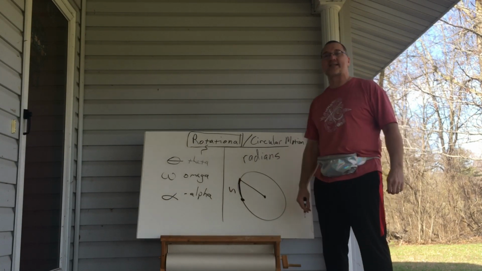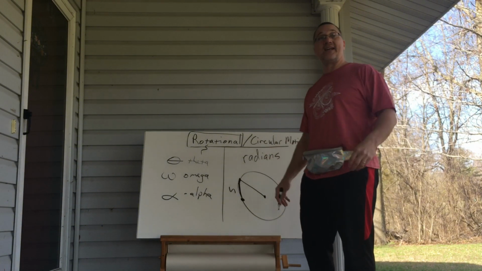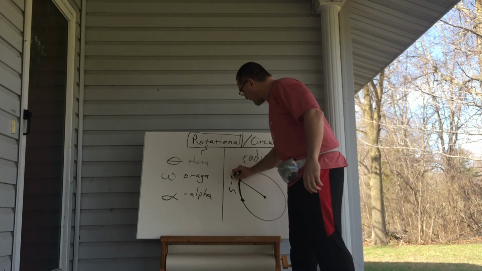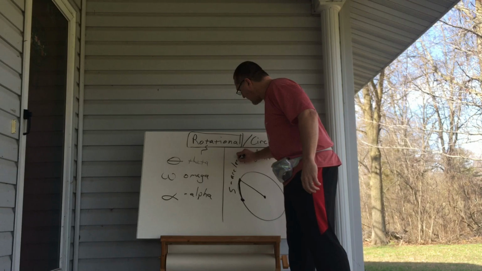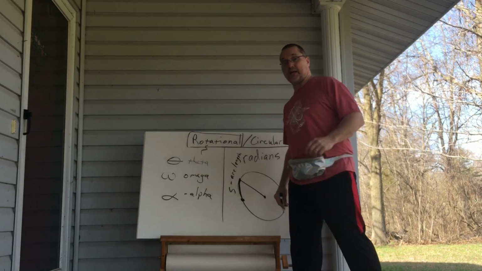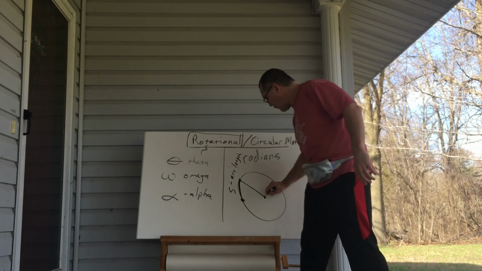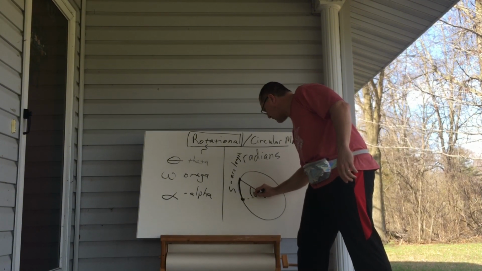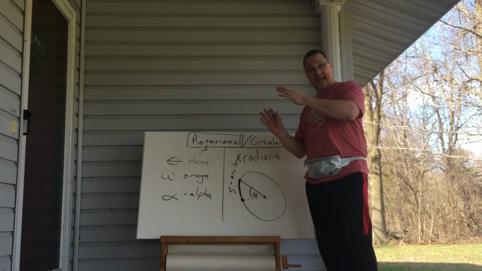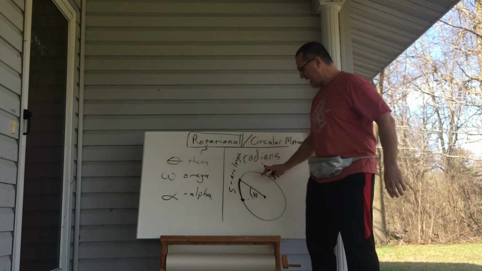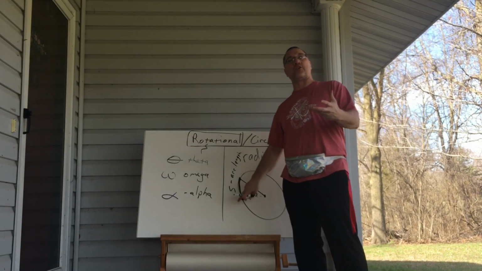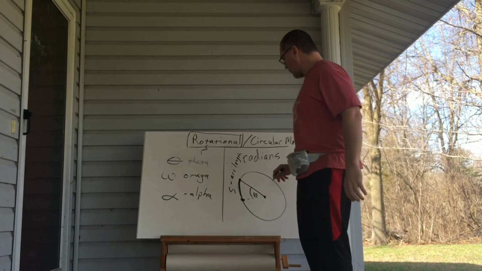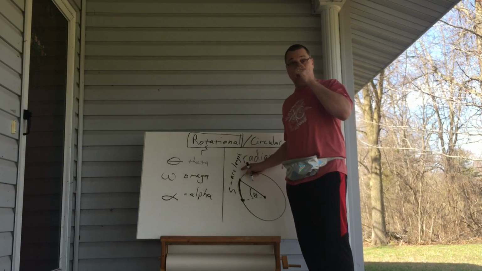We're going to call that distance S. That is the arc length of the circle, or of the object's motion. When it moves to a different position, it changes its angle, which means it travels a certain distance corresponding to the arc length. Okay?